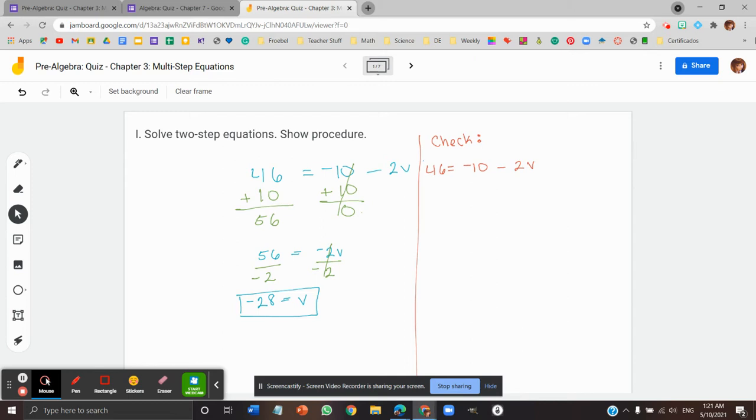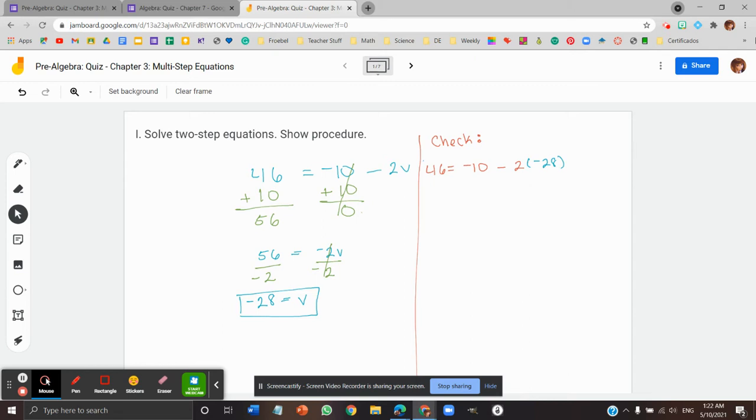So for example, wherever I see the v, I can substitute it by negative 28 because I know now that that is going to be negative 28. Just like that. And now I can solve.